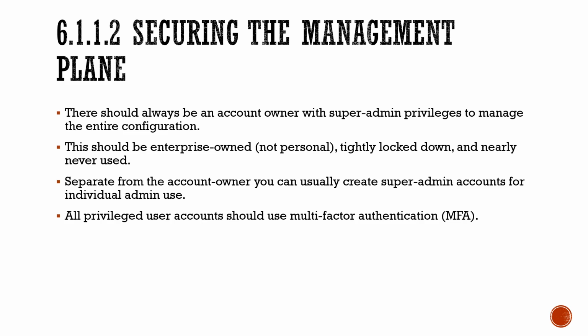There should always be a super administrator with administrative privileges that controls pretty much everything, the entire configuration. This should be an account that is enterprise owned. It shouldn't be a personal account. It should be locked down, of course, for obvious reasons. And it should not ever be used unless there is some sort of major catastrophic failure.